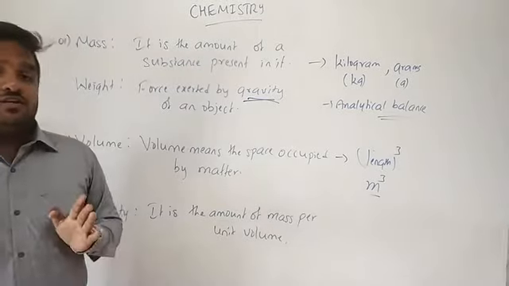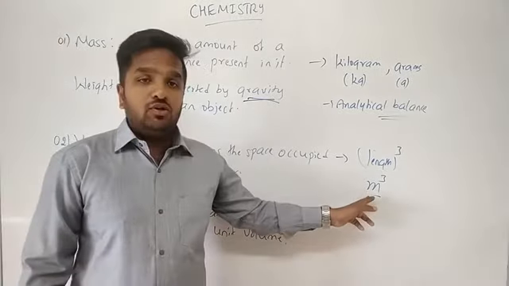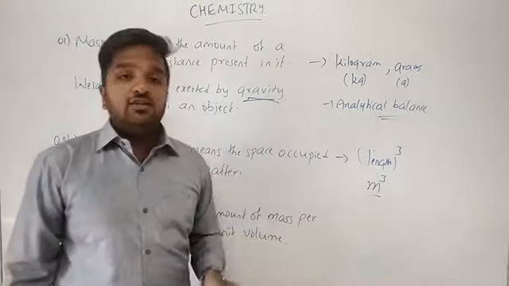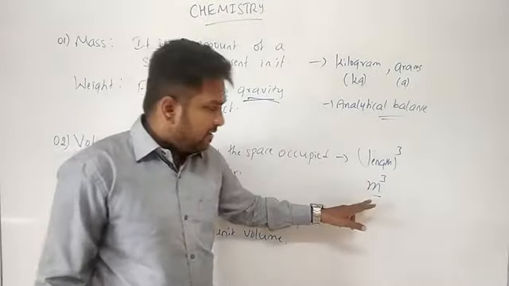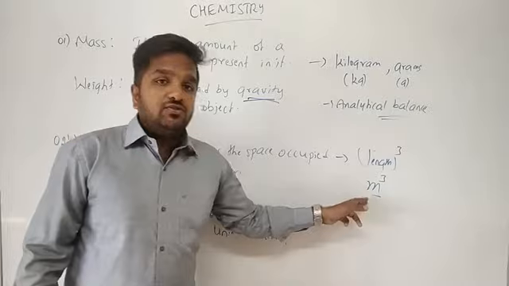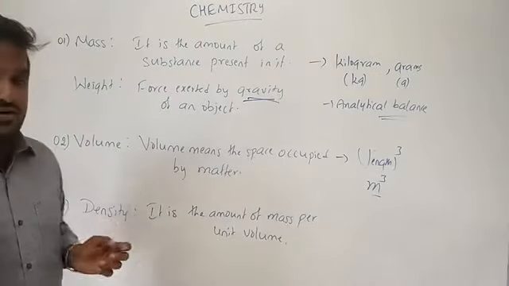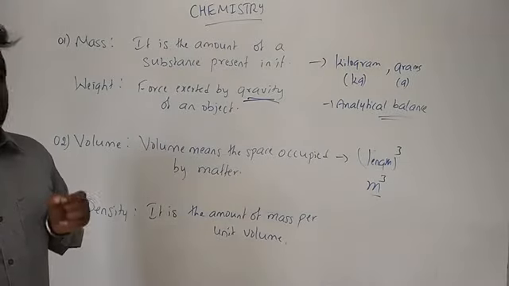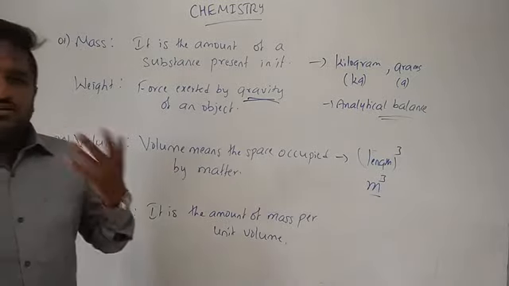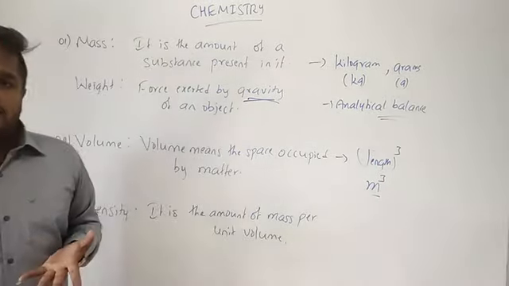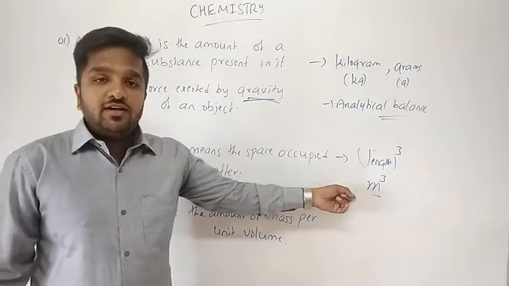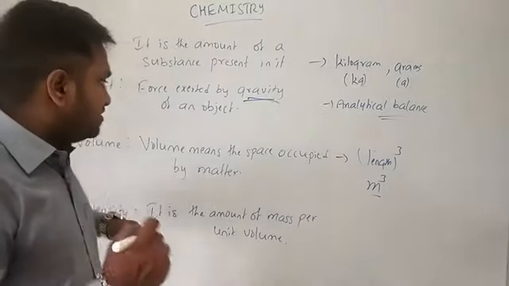That is not an SI unit. The SI unit is m cube, because it is length cubed. There is a general assumption that we will talk in liters itself, half liter, 1 liter, 2 liters, but that is wrong. The SI unit is length cubed, that is meter cube.